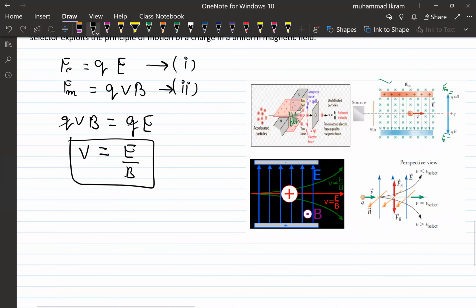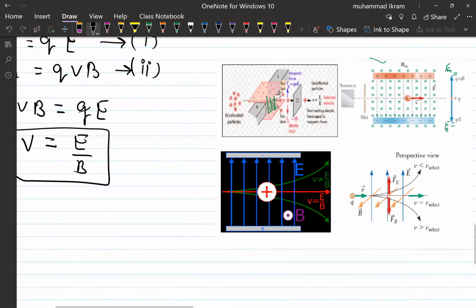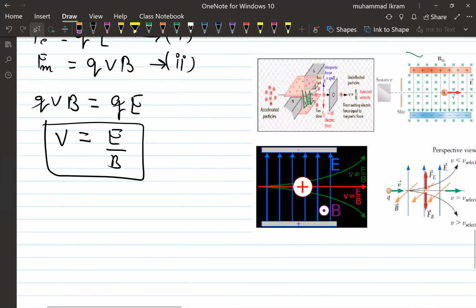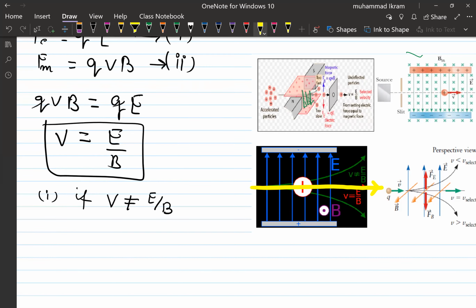Now let us see the cases where the charged particle will be deflected. For example, if V is not equal to E by B, then what will happen? For V equal to E by B, as you see here, it will pass straight, undeflected, like this. Now there are other cases.